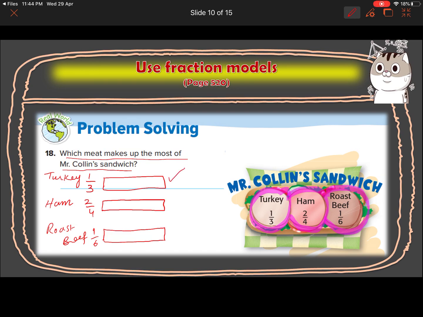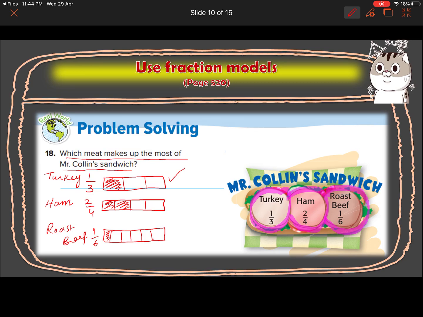Now 1 by 3. For 1 by 3 fraction, how many equal parts are there? 3. And how many shaded? 1 only. For 2/4, how many total parts are there? 1, 2, 3 and 4. And how many shaded parts are there? 2. And for 1/6, 1, 2, 3, 4, 5, 6, how many parts are shaded? 1 part only.